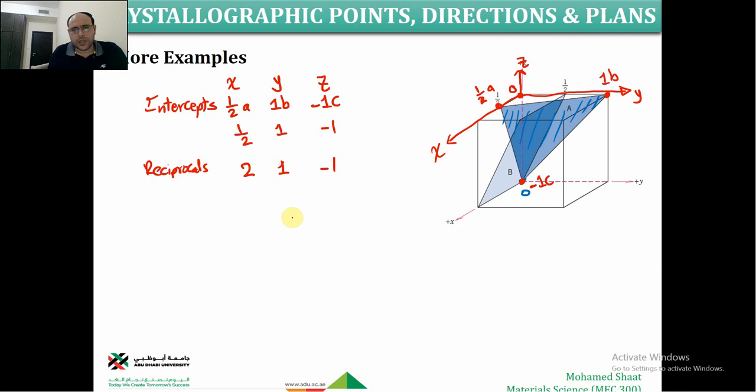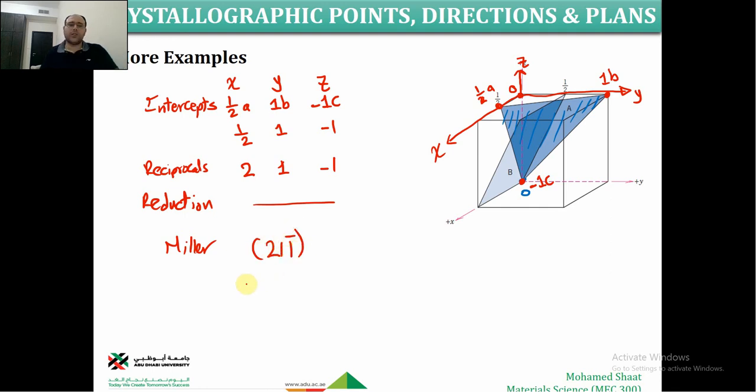Make sense? Then you're just going to work on the reduction. You're going to try to reduce the numbers to the smallest integers. No reduction is needed here. Why? Because the smallest integer is there, which is 1. So there is no further reduction that can be done. It means that the Miller indices for this crystallographic plane will be 2, 1, negative 1.